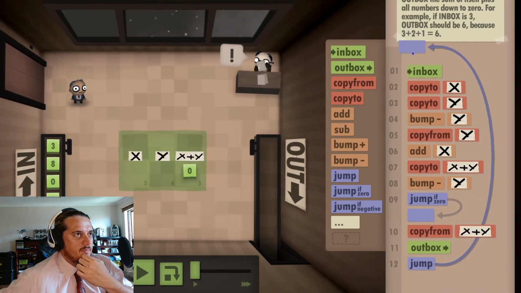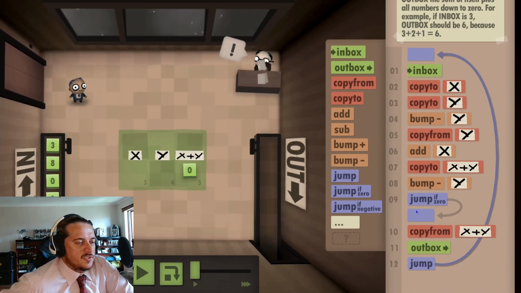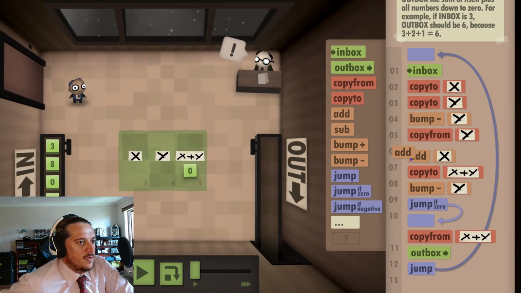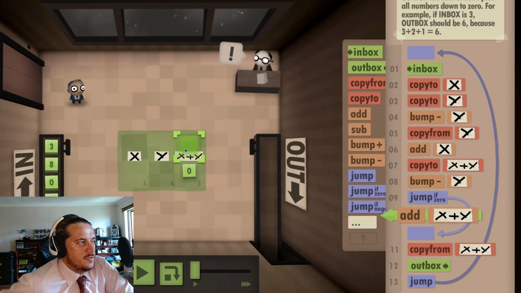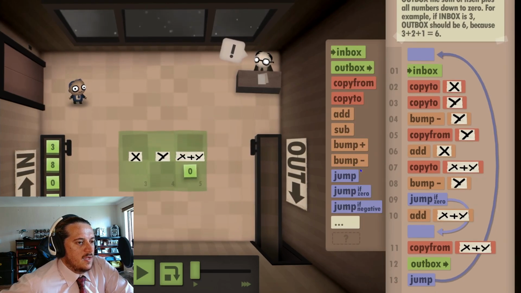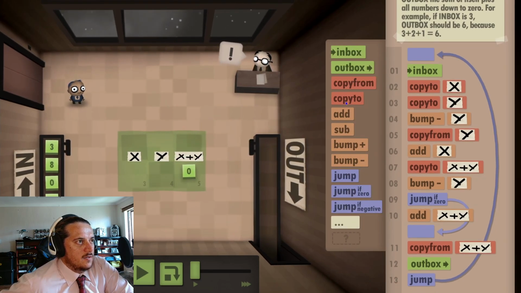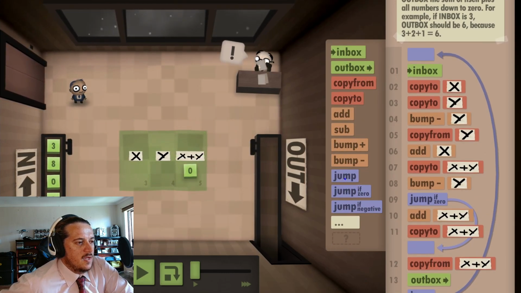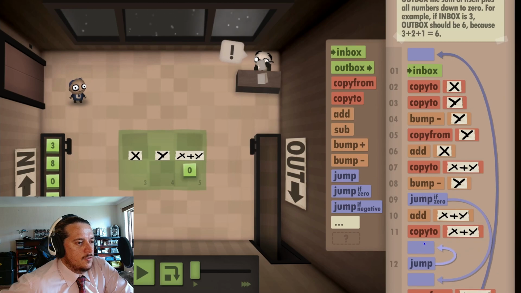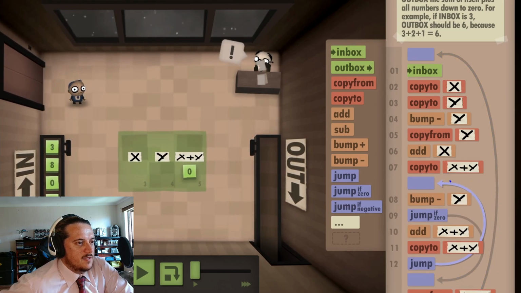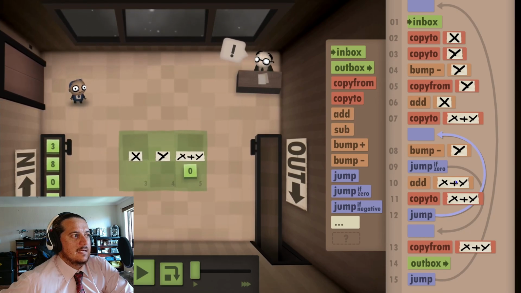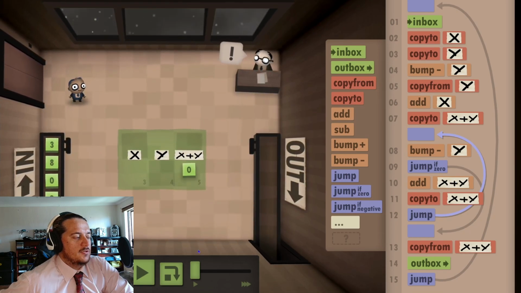So that's our loop back. And if not 0, we're going to add XY and copy to XY, and loop back, bump minus Y. I'm not sure, but maybe.